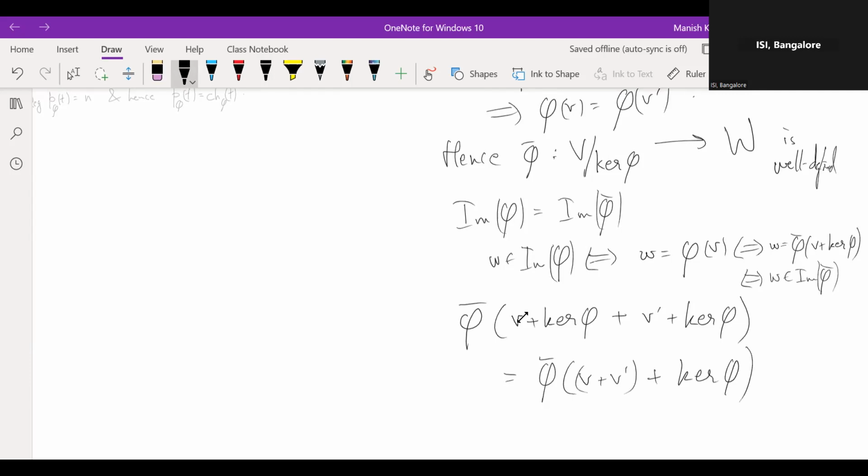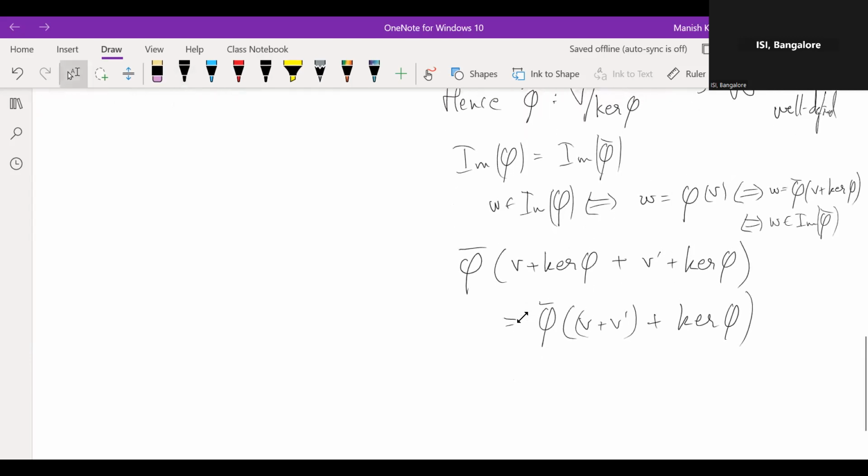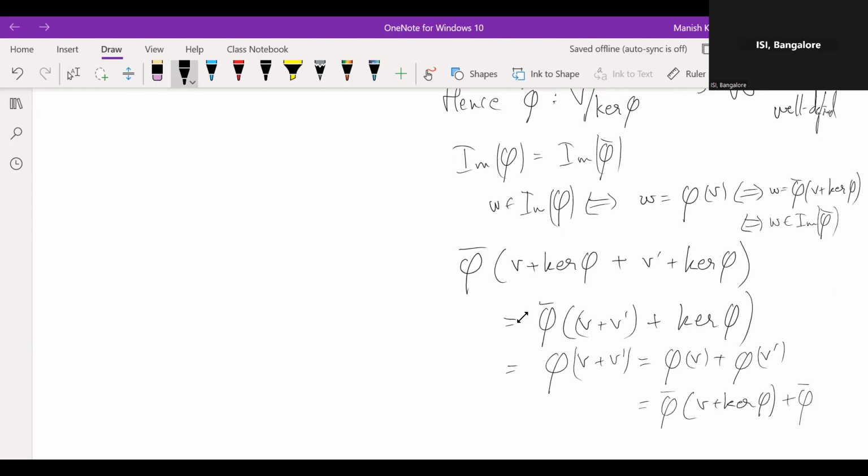I'm assuming you know how the group operation works on left cosets. This by definition is phi of V plus V prime, which is phi V plus phi V prime, which is precisely phi bar of V plus kernel phi plus phi bar of V prime plus kernel phi.